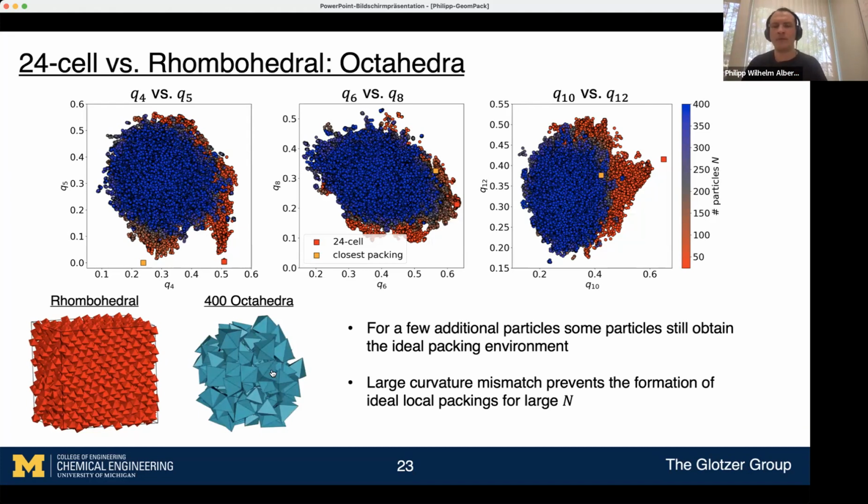However, if you go above, I think, 70 particles, an excess of 46 particles, you can see that the local environments are not in the regions of the 24 cell anymore. This region is not occupied, but instead they occupy a region over here, and you can see this in all three of these plots.